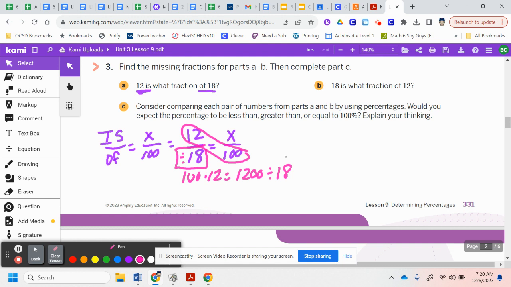And when we divide 1,200 divided by 18, we get 66.666666 repeating. So as a fraction, that would be 66.6 with a line over it over 100.